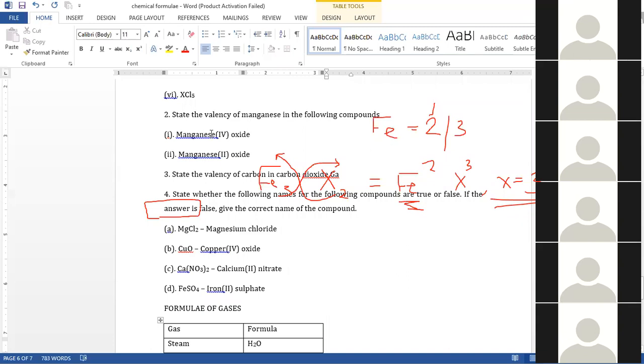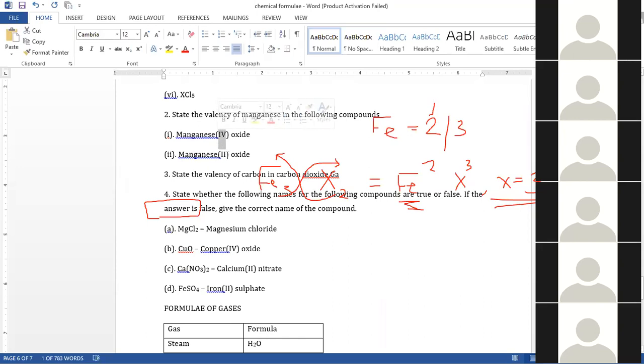Here they're saying manganese 4, manganese 2. So here the valency of manganese is 4. In this case, the valency of manganese is 2. So I need us to write the chemical formulae of these two compounds, manganese 4 oxide and manganese 2 oxide. Then we go to the next number.